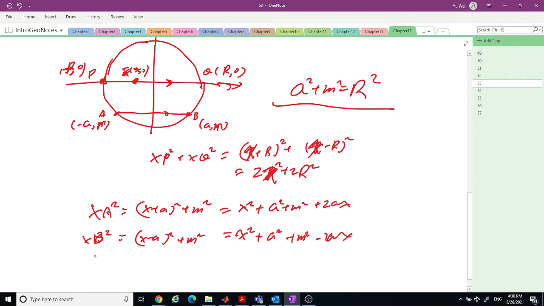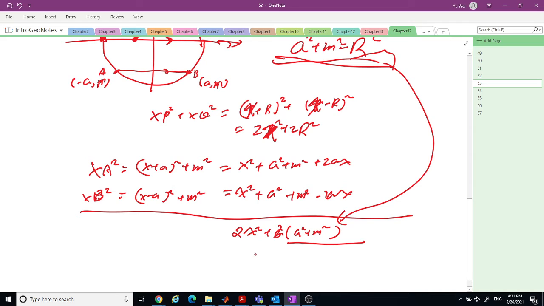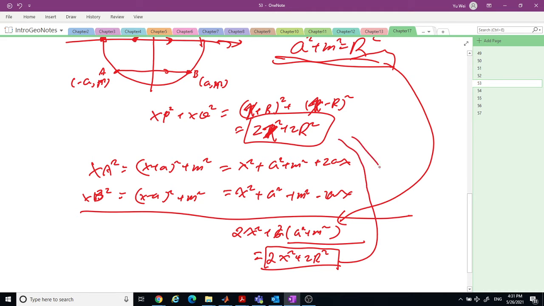Then if we add them together, it becomes 2P square plus 2(A square plus M square), right? Because A square and M square satisfy the circle function, put inside here, so it's 2P squared plus 2R squared. Okay, so it's still the same thing, they are equal.